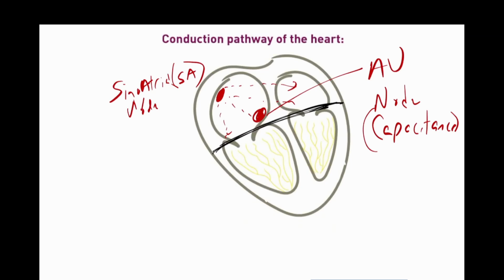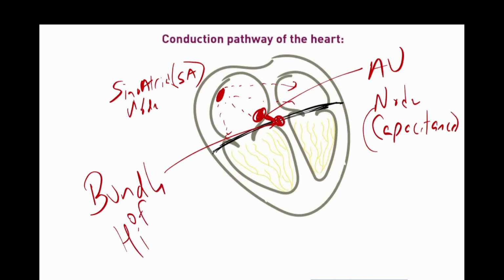Once the AV node has held on to the charge, we get a little discharge through here, and it goes to what's called the bundle of His, or His bundle, just right at the top of the ventricles there. Once the impulse hits the bundle of His, we now have two branches. These are all nerves, all wires, electrical impulses.